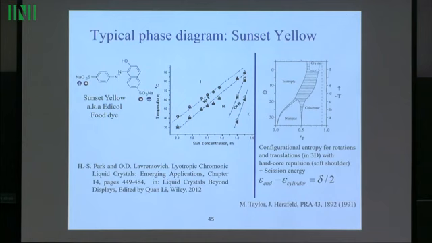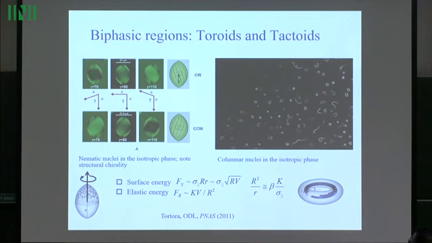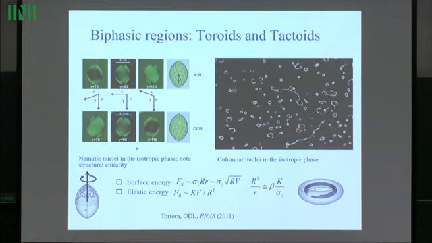And I will finish this part by showing you that this coexistence by itself leads to a number of interesting structures. So these are nematic nuclei in the isotropic background, and you might see that despite the fact that the material is not chiral, you have structural chirality.